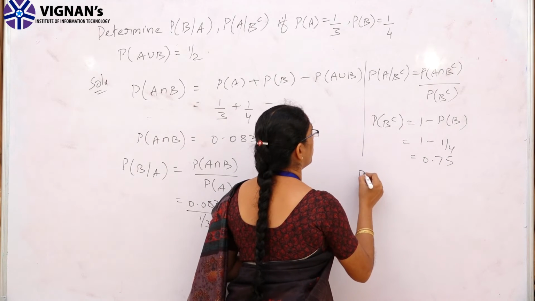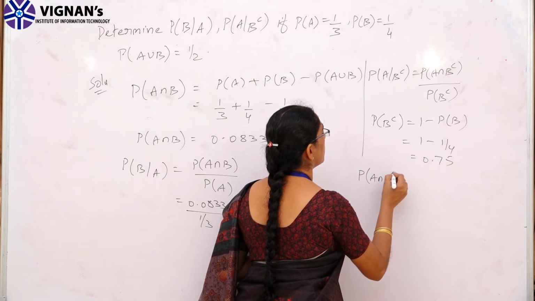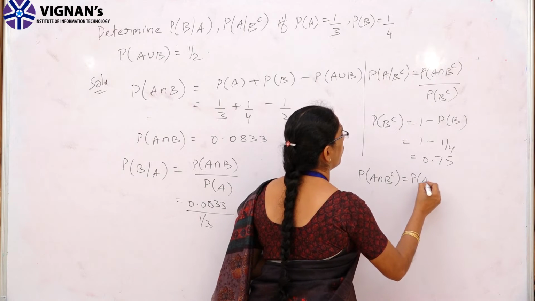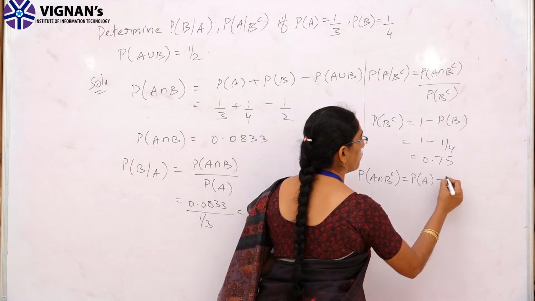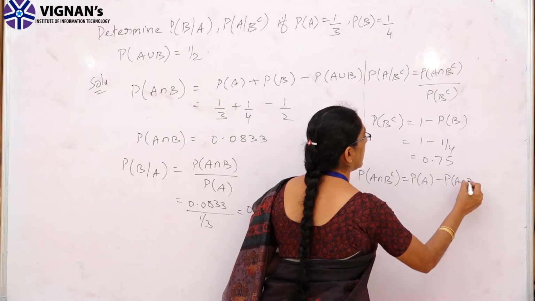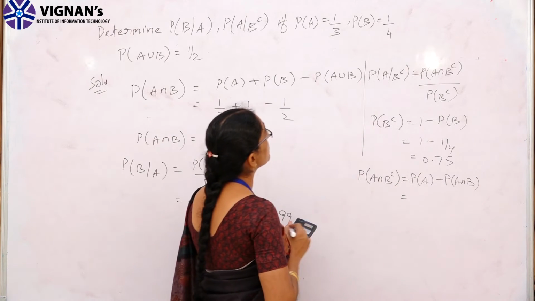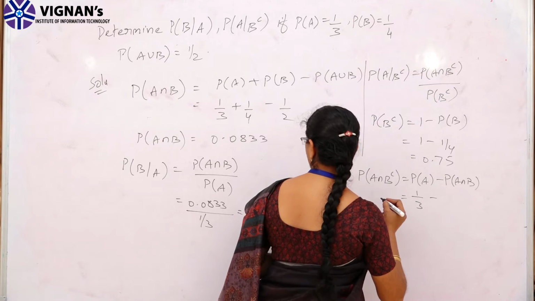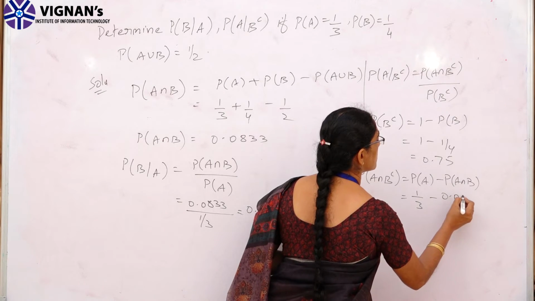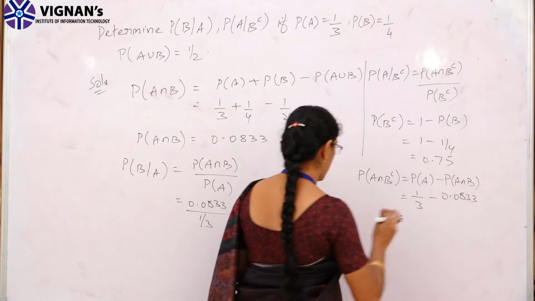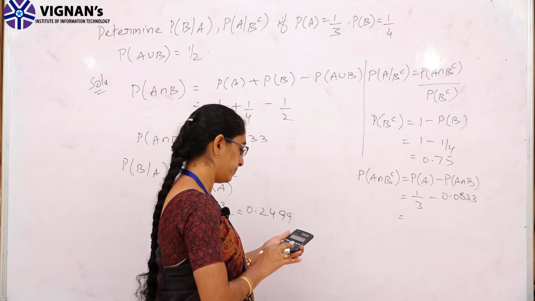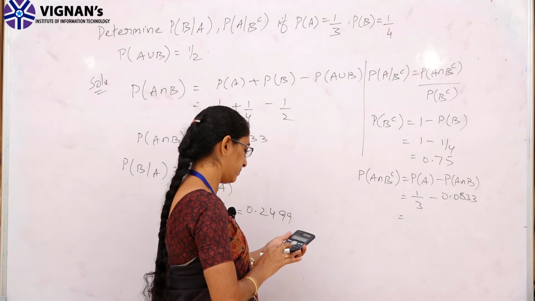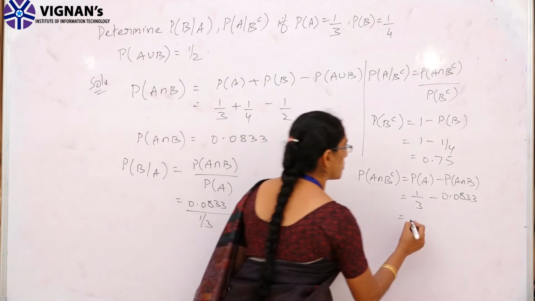0.75. Now, probability of A intersection B complement is given by the formula probability of A minus probability of A intersection B. So, what is probability of A? 1 by 3 minus probability of A intersection B, which is 0.0833. So, here the answer is 0.25.